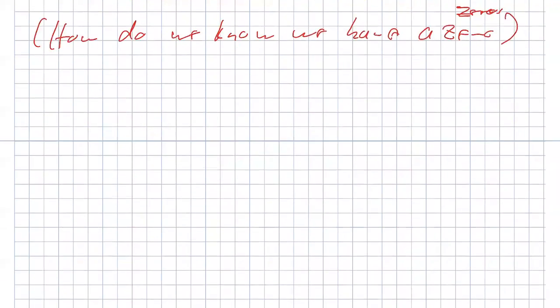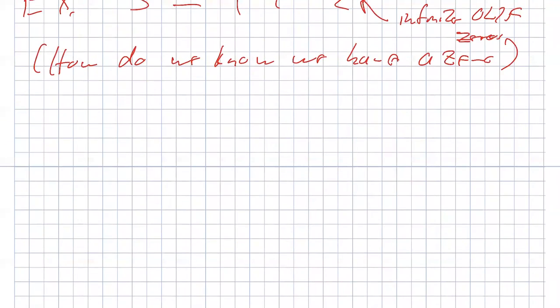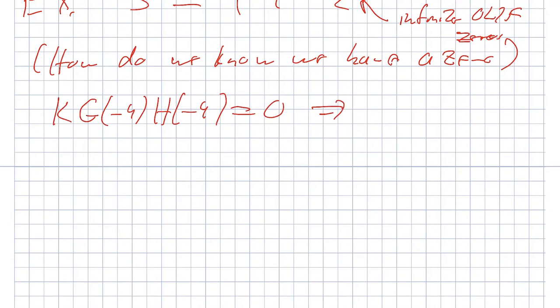So K G of -4, there really is no H in this case, but if there was, H of -4 is equal to 0. So therefore, -4 is the zero.